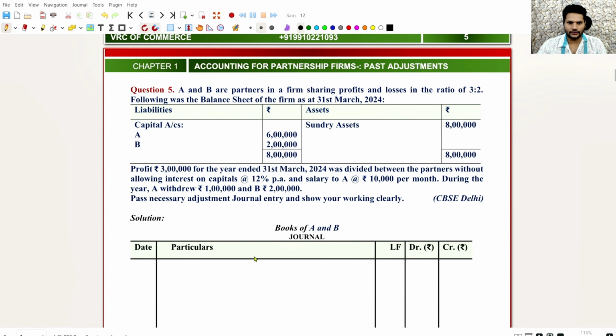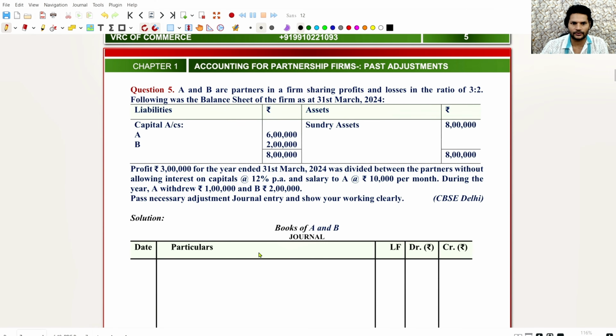Okay, so the profit of the year was 3 lakh rupees, and that was divided between the partners without allowing the interest on capital and salary. So that 3 lakh will be distributed between A and B in the ratio 3:2.